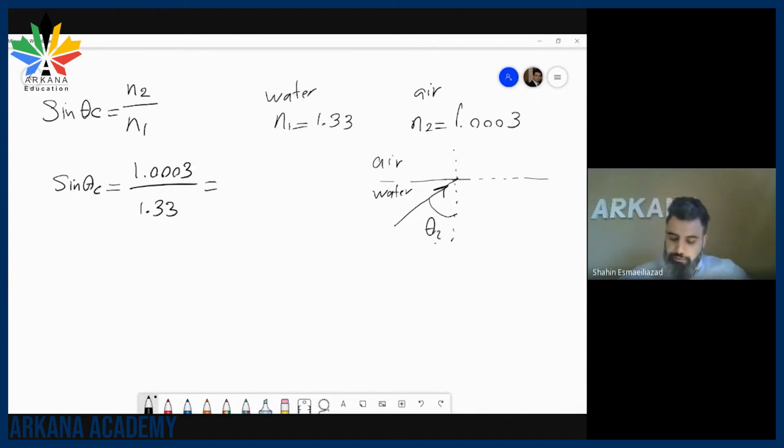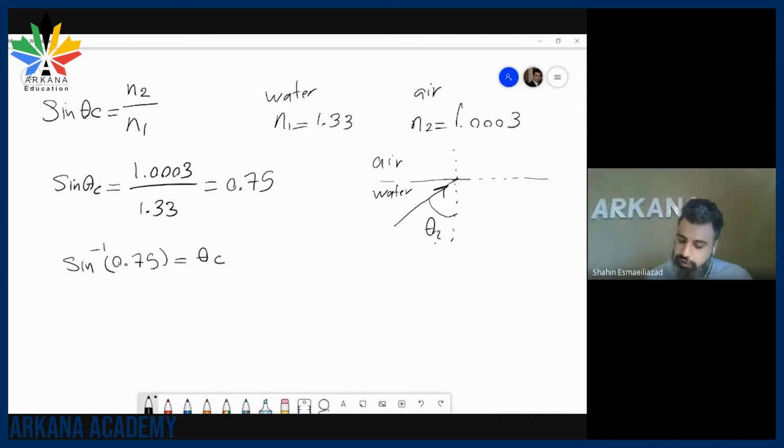If we do a quick calculation, dividing 1.0003 by 1.33, we get 0.75. The next step is the sine inverse of 0.75, which equals theta c.